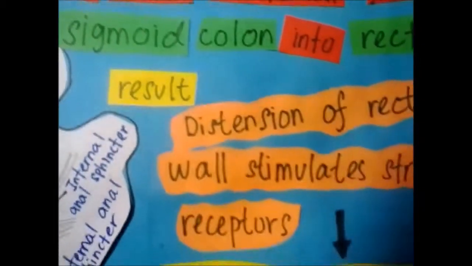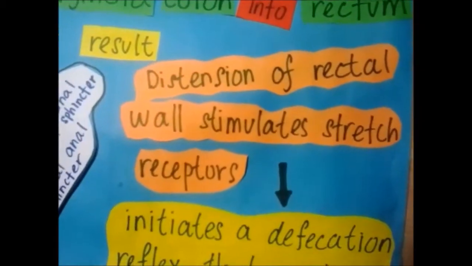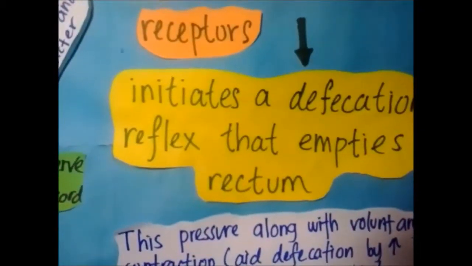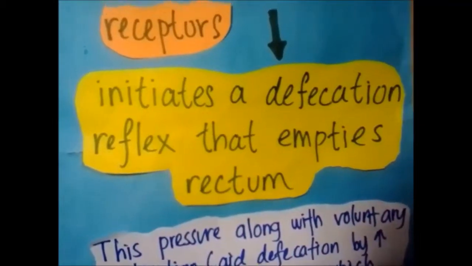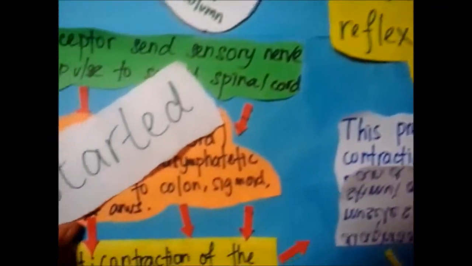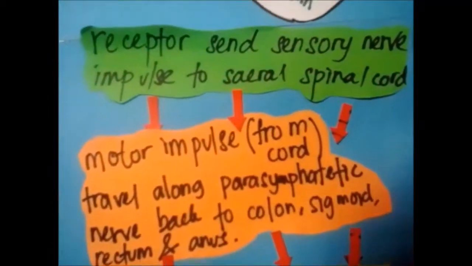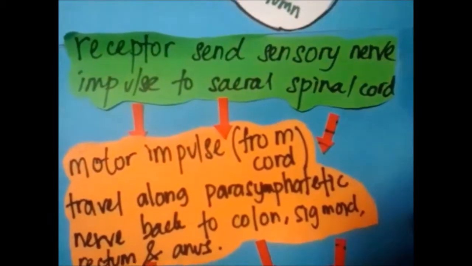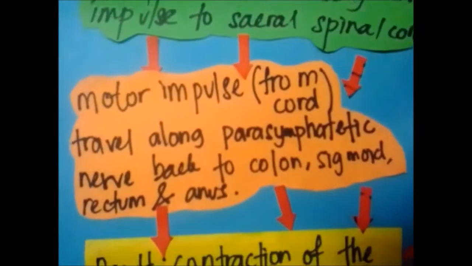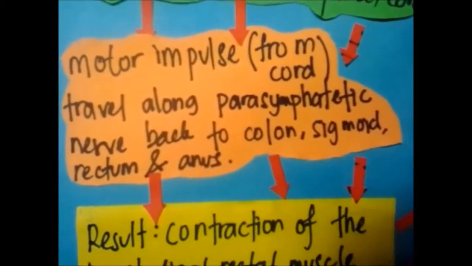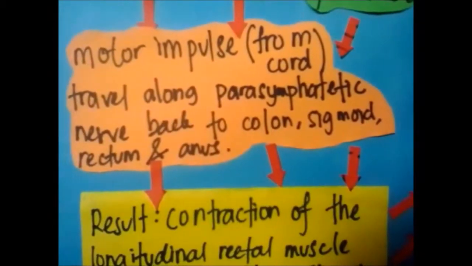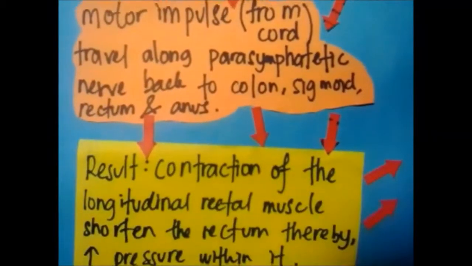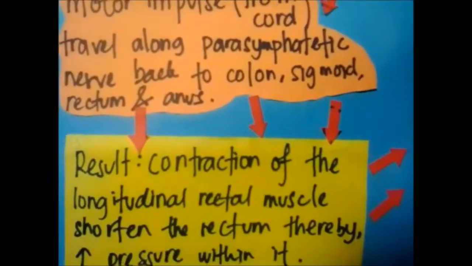Result: distension of the rectal wall stimulates stretch receptors, which initiate a defecation reflex that empties the rectum. Receptors send sensory nerve impulses to the sacral spinal cord. Motor impulses from the cord travel along parasympathetic nerves back to the descending colon, sigmoid colon, rectum, and anus.